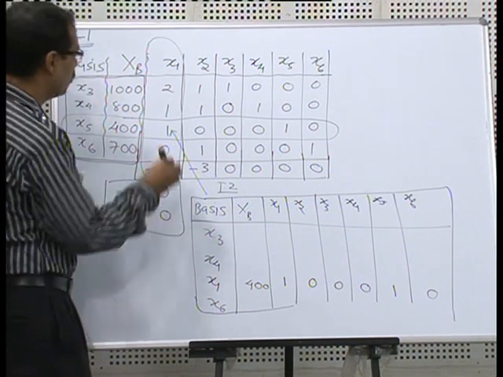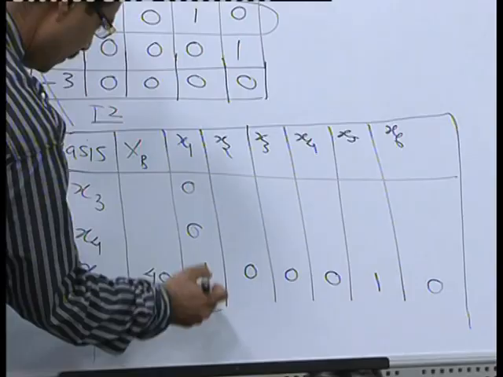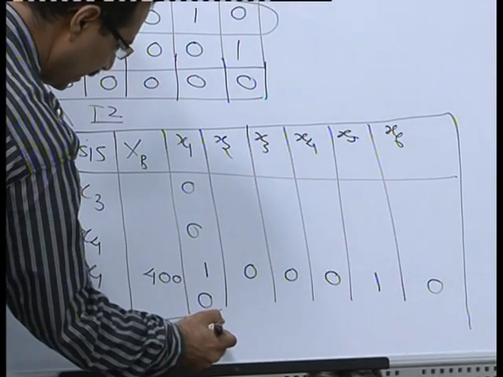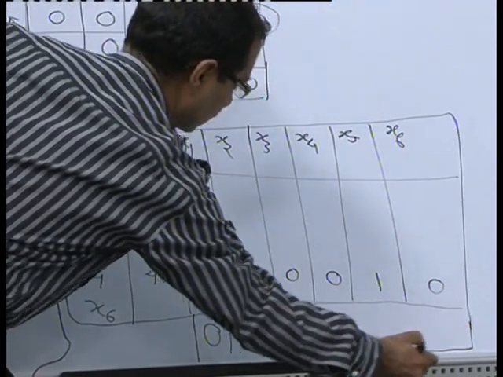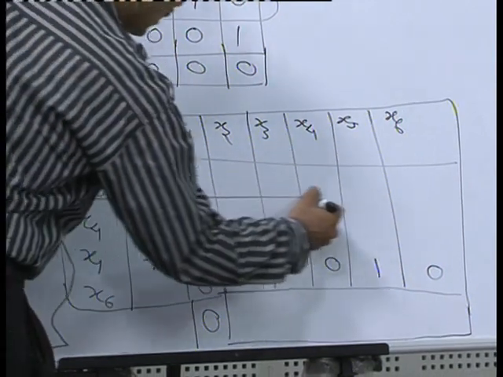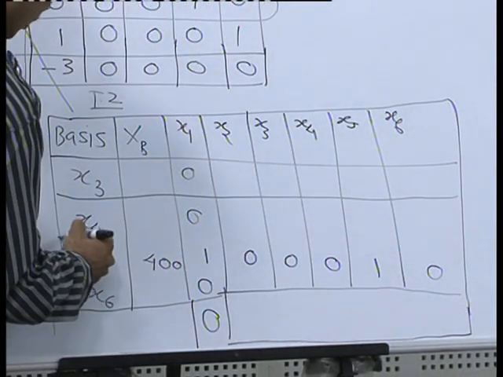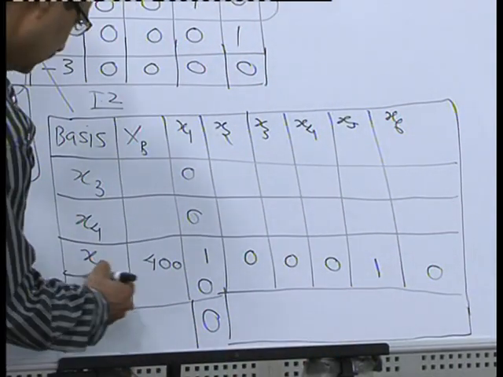Everywhere zeros. So, the x1 column will have zeros everywhere. So, 0, again 0 and 0 and 0 at the end. Okay. First of all, we draw horizontal lines so that we can see them properly.